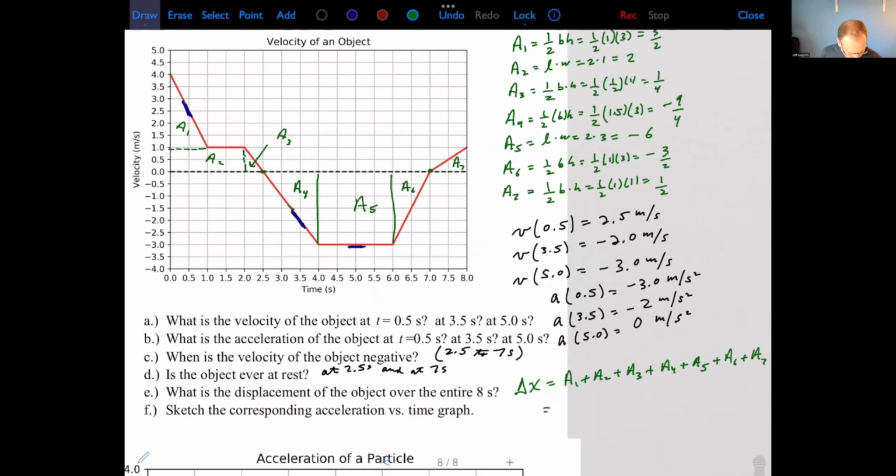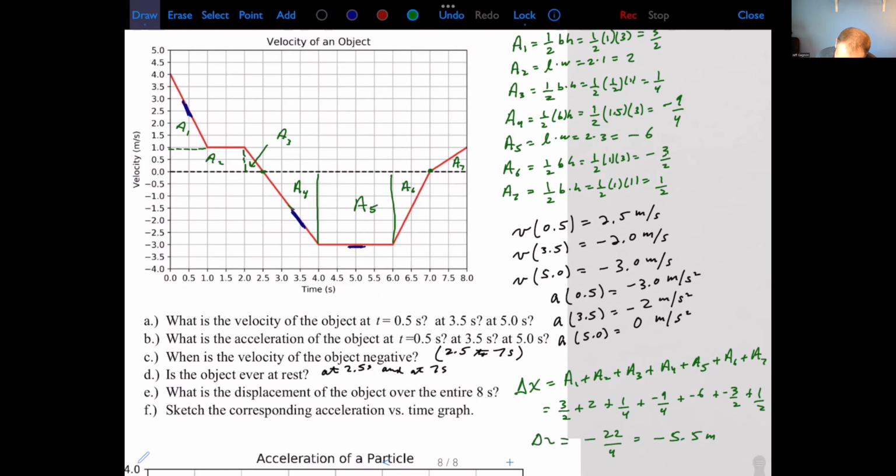So if you do this, you're going to get 3/2 plus 2 plus 1/4 plus -9/4 plus -6 plus -3/2 plus 1/2. Okay, if you add this up, you're going to get -22/4, which is -5.5 meters.